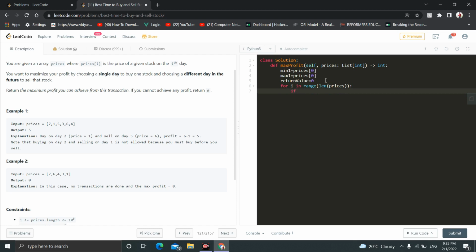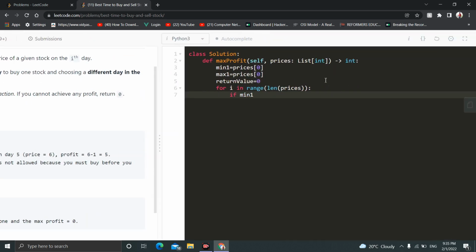Now what I have to check? I have to check if my min value is greater than the current value, price of i. If I get a lesser value, I have to take that lesser value, and also I have to initialize the max value with that particular value.